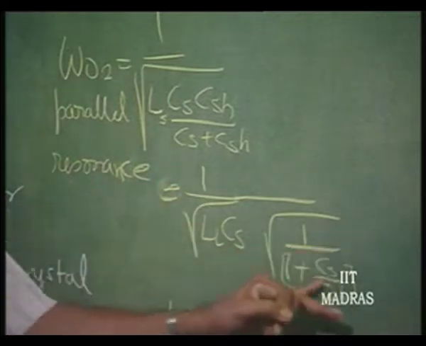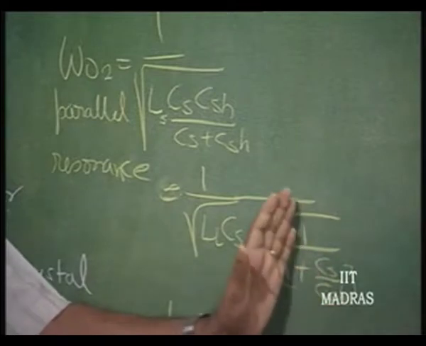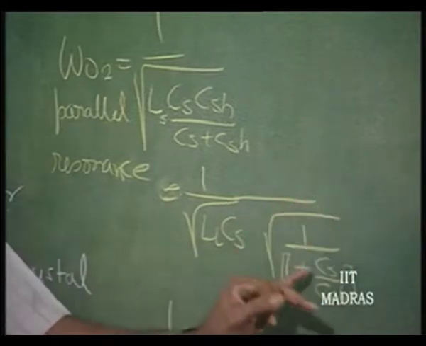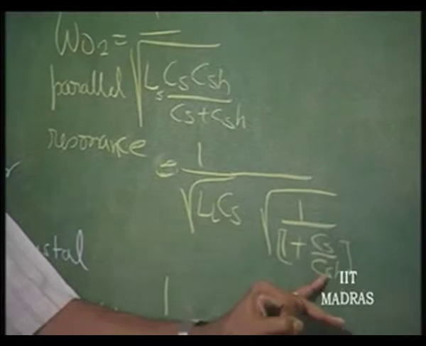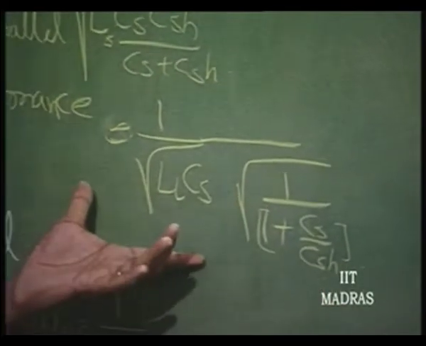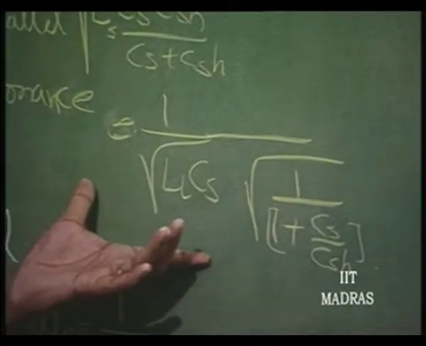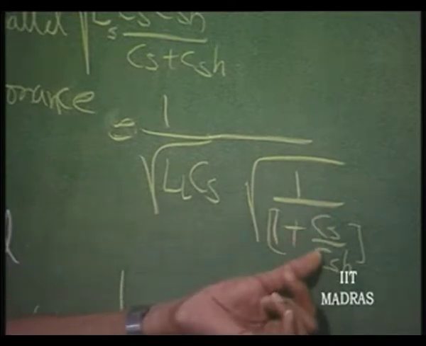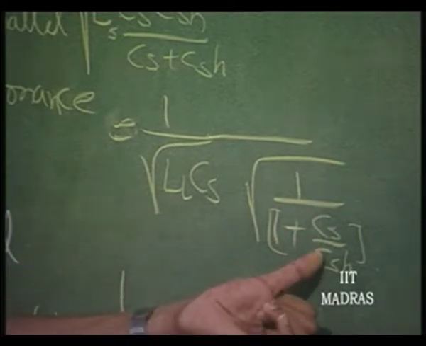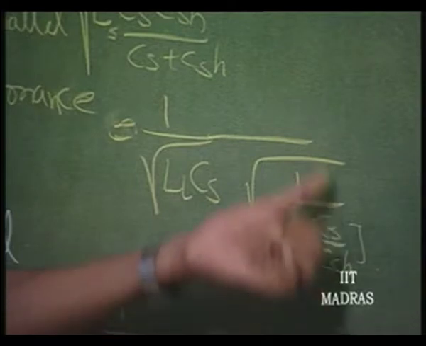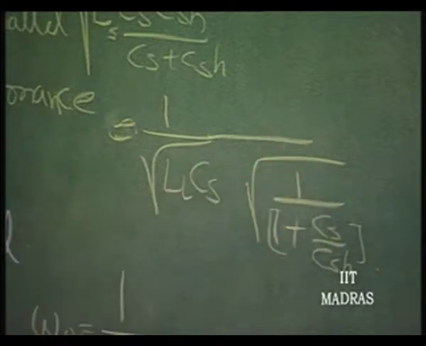This factor is going to be a very small value. That means if you put additional C shunt, it is closer to the series resonance. So this fact has made this very popular, because you can get a wide range.